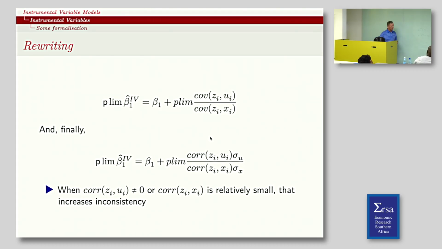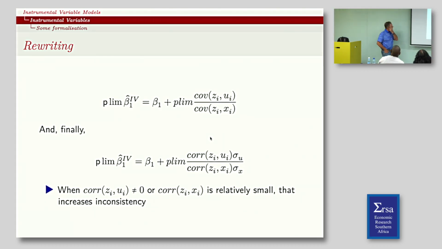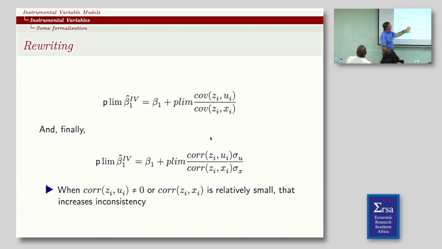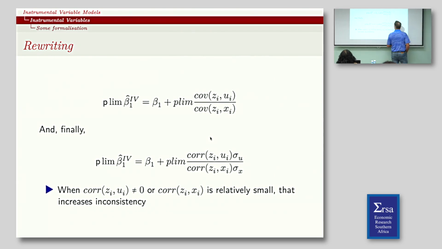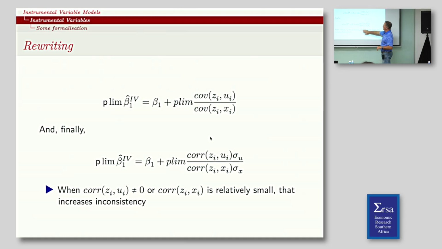So you can rewrite this in a couple of ways, but we'll end up with this one. The probability limit of the IV estimator is the real estimate plus the probability limit of the correlation between z and u divided by the correlation between z and x, times their relevant standard deviations.